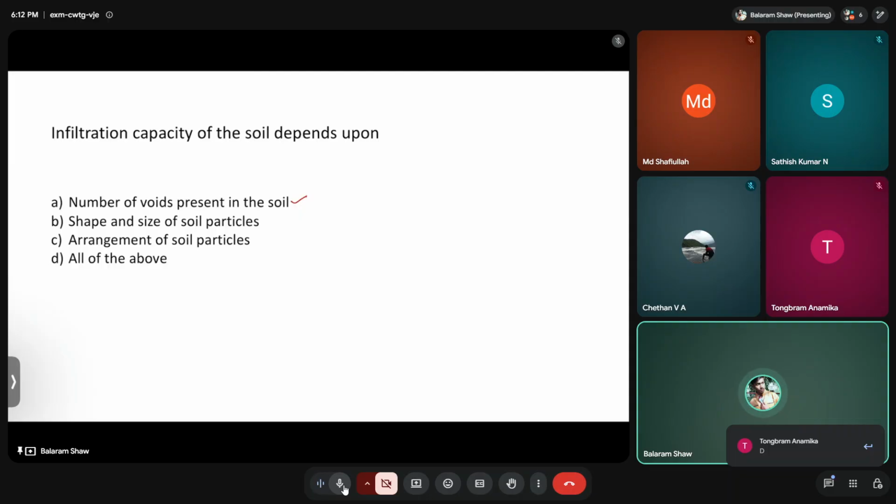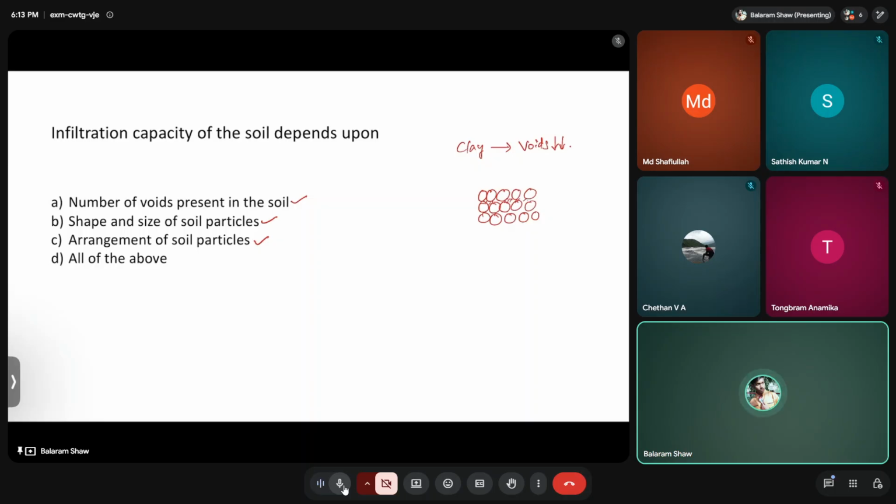We'll just see all the options. Option B is shape and size of the particles. If the size of the particle is very small, for example clay, the voids are very few, so the infiltration capacity of the clay particles will be less. Then the arrangement of soil particles. If some soil particles are kept in this way, then the voids are more.